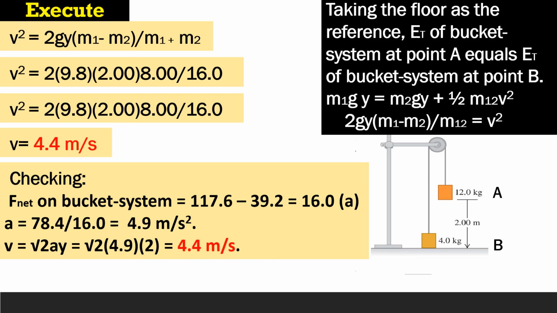Which method do you think you won't make any mistake with? Is it the conservation of energy method, or the original principle behind the conservation law, which is Newton's laws of motion?